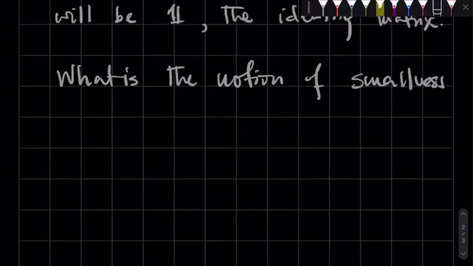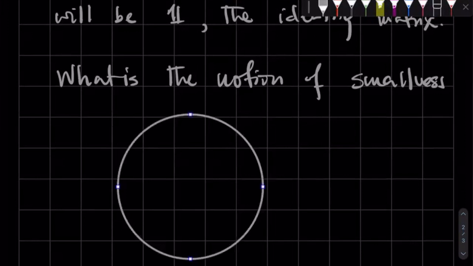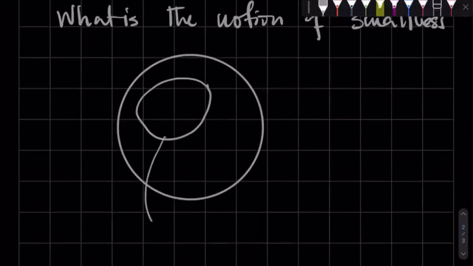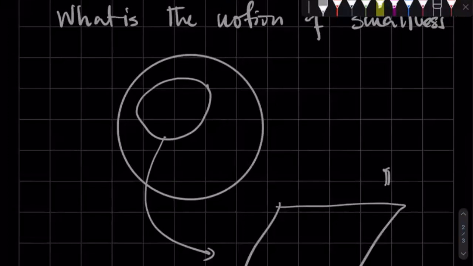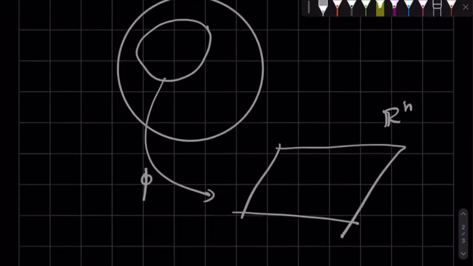Suppose you have some manifold, and we are looking at some neighborhood here, which we have mapped to a neighborhood in Rn. That's what we mean by manifold: for every neighborhood, there is some map which takes you to some subset of Rn.